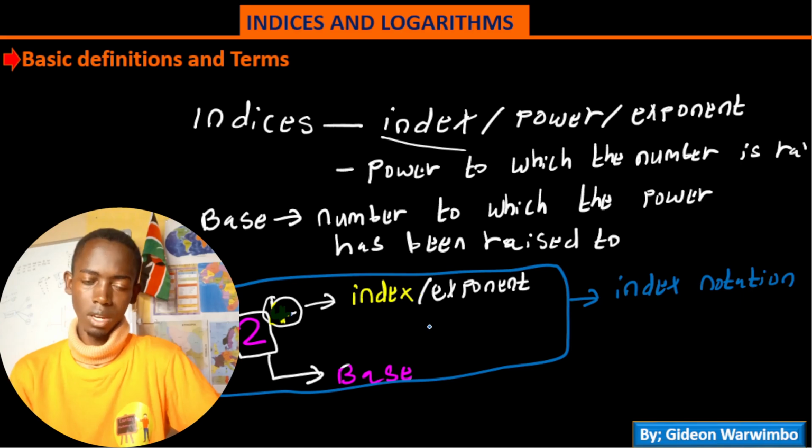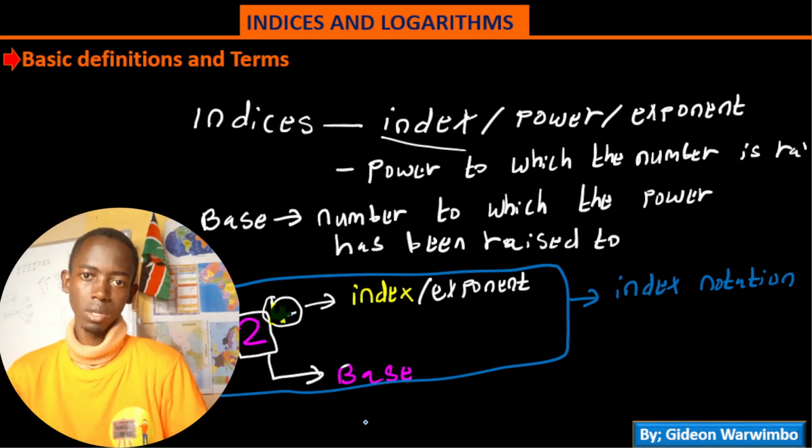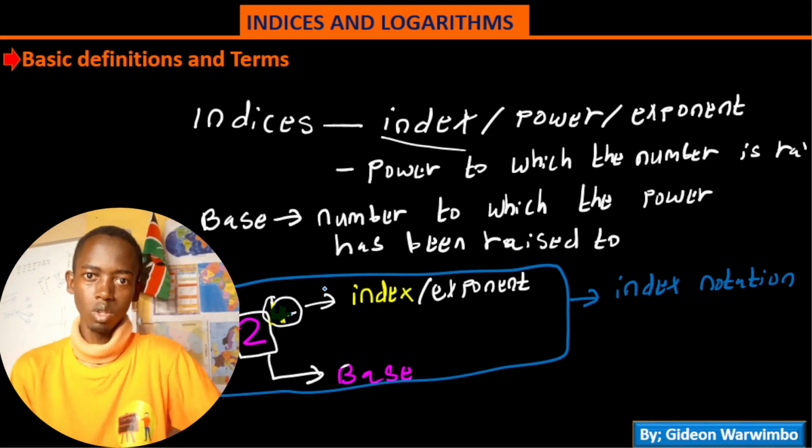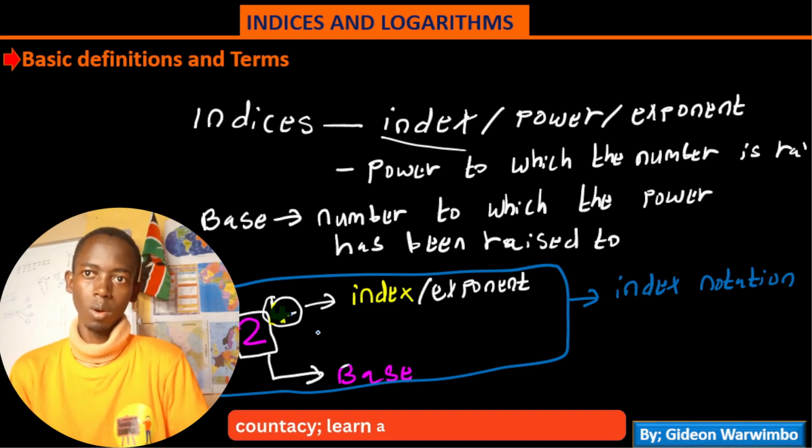Beyond this, there are also other terms that will come along, such as fractional exponents and quotient of powers. We are going to get used to those terms as we get to properties that involve them. But for now, I wanted you to have a clear understanding of what an index is and what a base is, and then in the subsequent lessons, you are going to dig deep into this. Let's meet in the next lesson when we are going to be learning about the laws of indices.